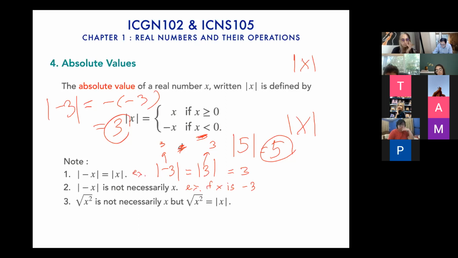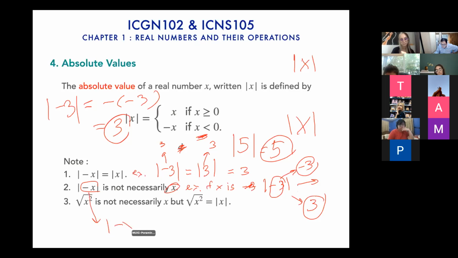If absolute minus 3 here, you can see that the value inside is negative 3, and you get the answer 3. So 3 and negative 3 are not equal. It means you cannot imply that negative x and x are the same number, because with the absolute of negative x you try to make this value become positive.